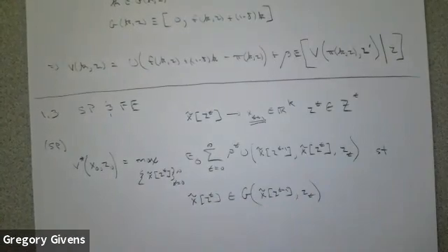Again, what is the planner doing in the sequence problem? She is choosing an infinite sequence of these state contingent plans, where x tilde assigns a specific value for x t plus 1, contingent on one of the possible histories of the z's over time. Okay?